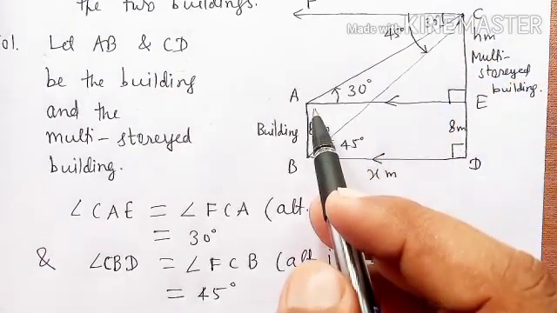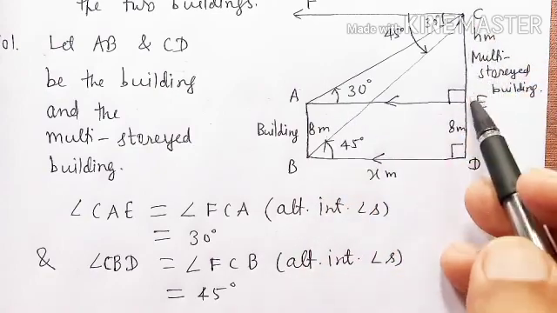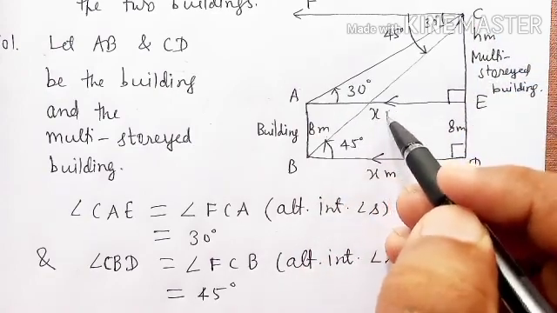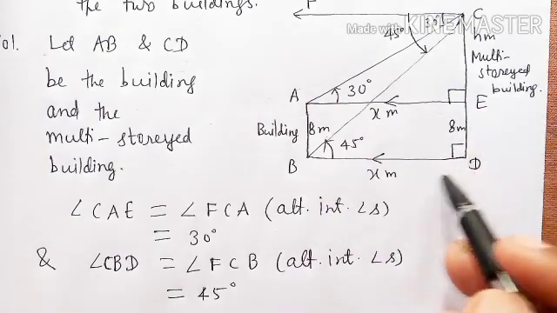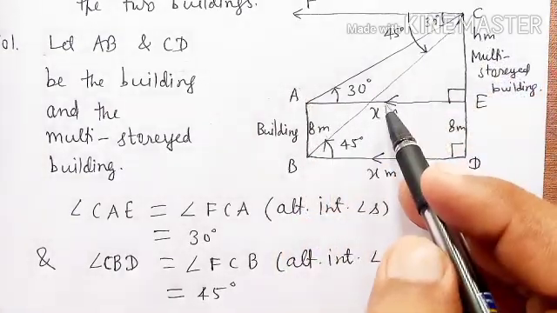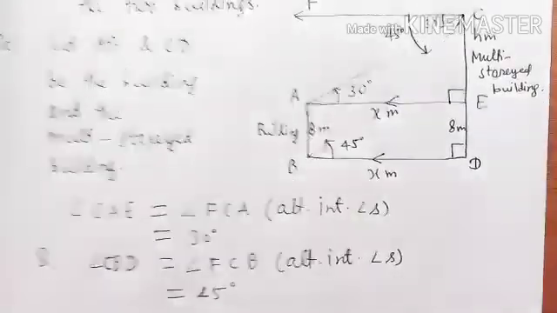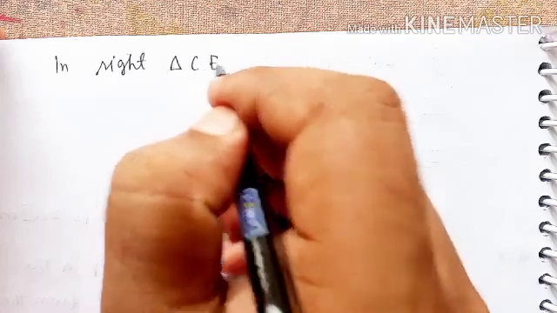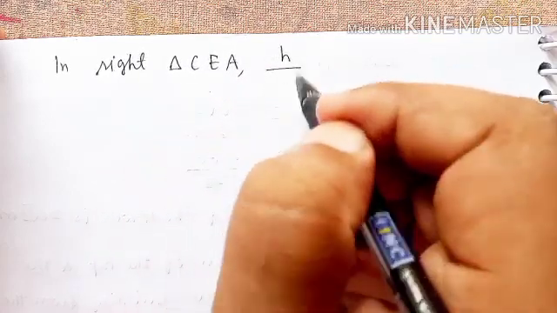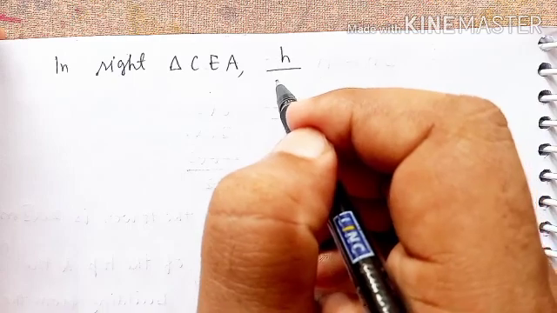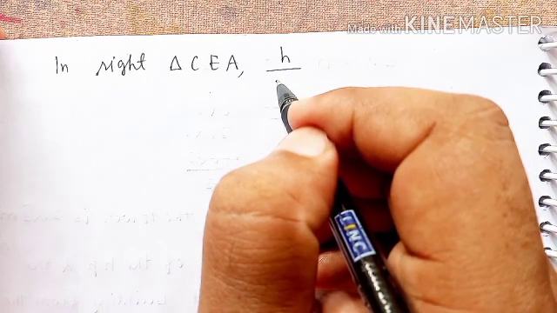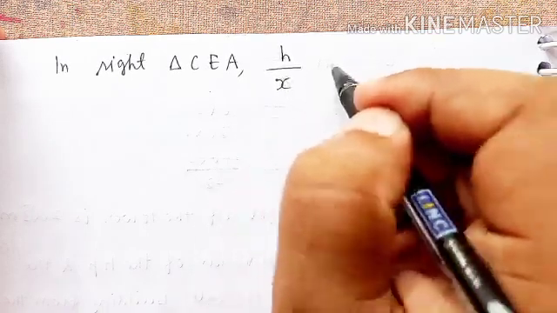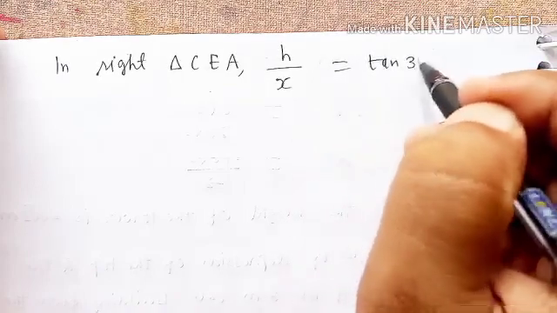Now we take another triangle, triangle CEA. Then we write h by x. This also becomes x meter because this is a rectangle. In right triangle CEA, h by x is equal to tan 30 degree.